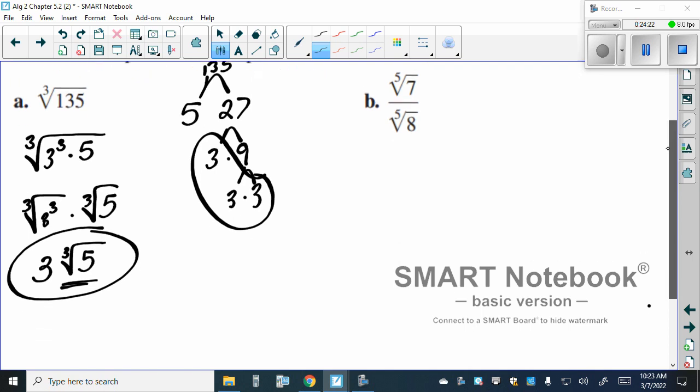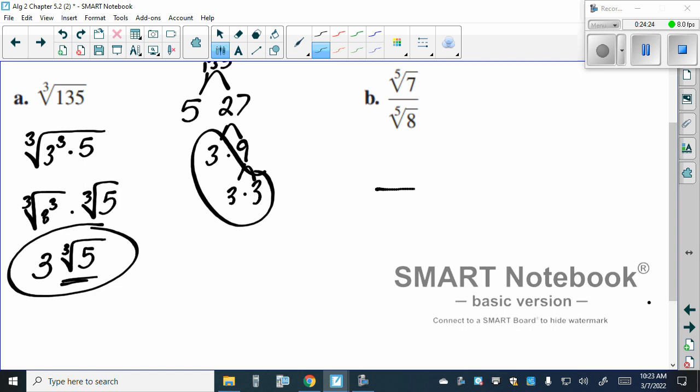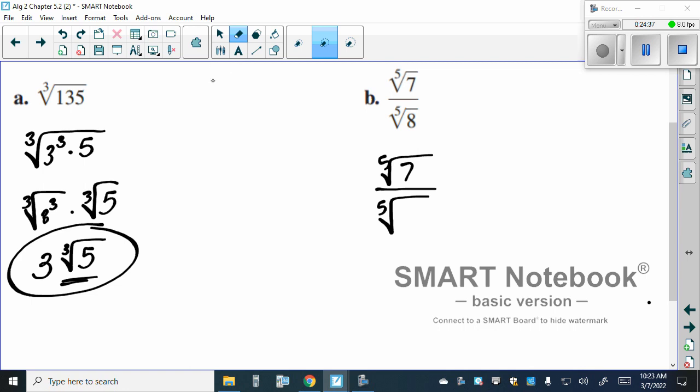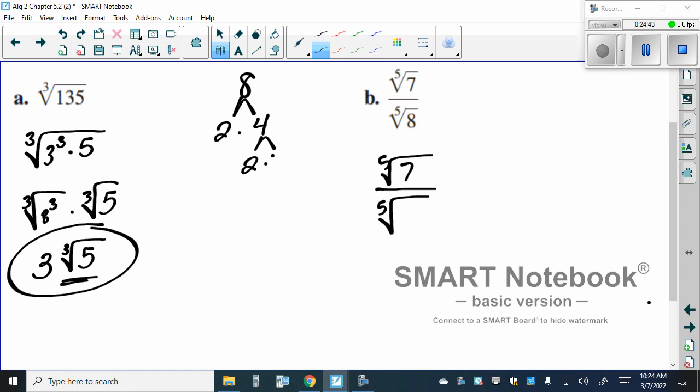Now, as we just said, 8 is the same as what? Because 8, as we factor tree, would be 2 times 4, which is 2 times 2. We can say 8 is 2 cubed.